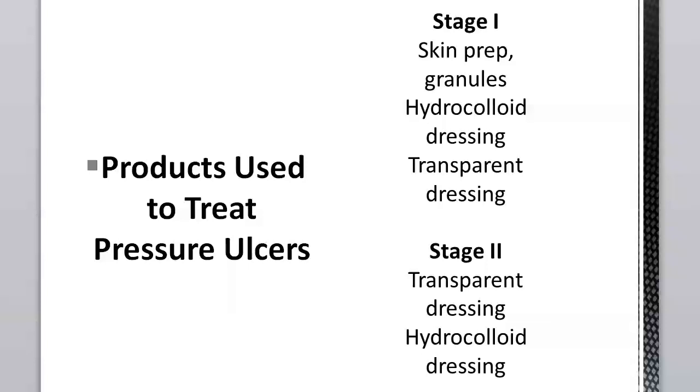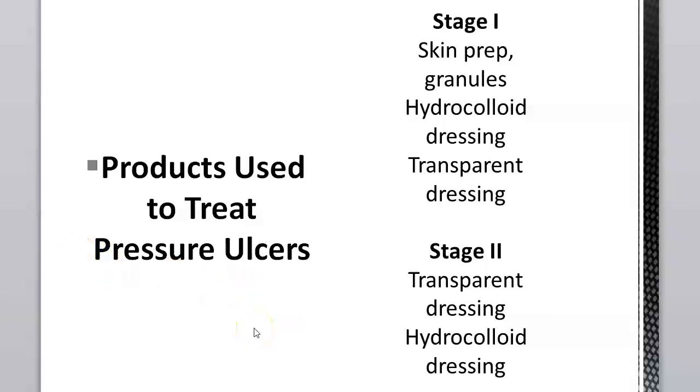I'm sorry, it's on page 1626, yes. It just talks about stage 1 and stage 2, about the different types of products that you would use for that particular pressure ulcer when it's staged accordingly. Okay, so you might want to go over this.